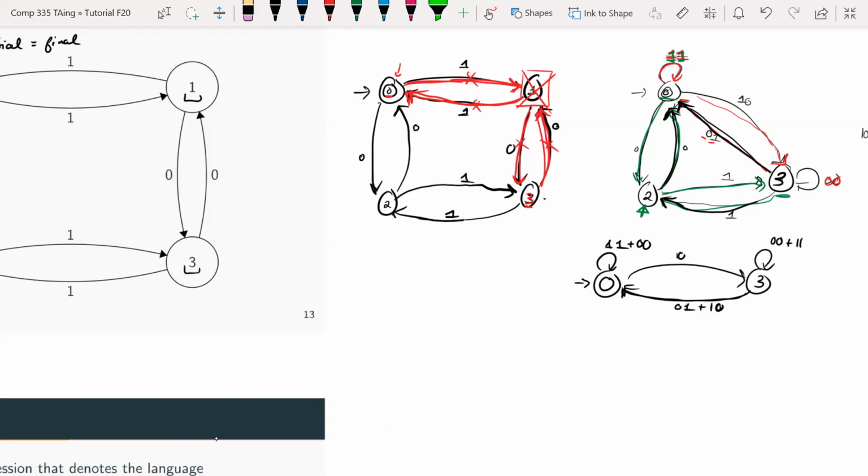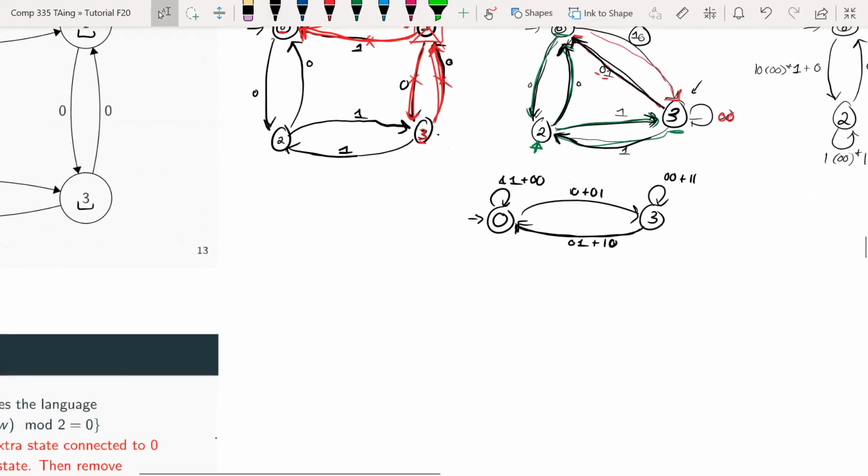And then the same thing for going from the initial final state to the state 3. I can either go directly with a 1, 0, or I can go the longer way through 2, reading a 0 to 2, and then reading a 1 to 3. Right? So now I get this. Okay. And now I can also get rid of this intermediate state.